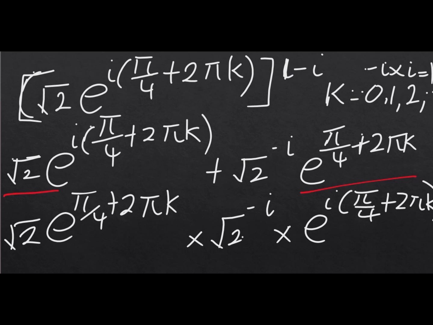Okay, so take a look at this variable. I'm going to rewrite it on the next page, but with a change in another part. So let's try and change this first. Root 2 raised to the power negative i.